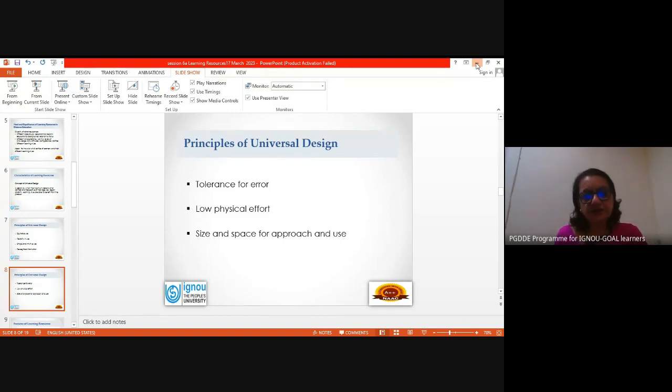Earlier on, open education and conventional education were at two ends of the spectrum. Today, the gap between conventional education and distance education or open education is reducing.